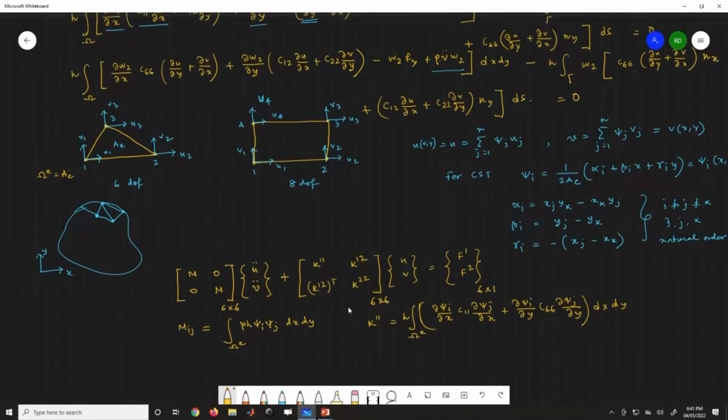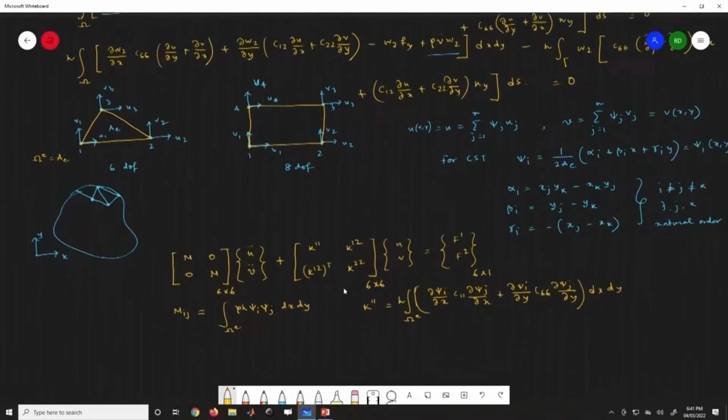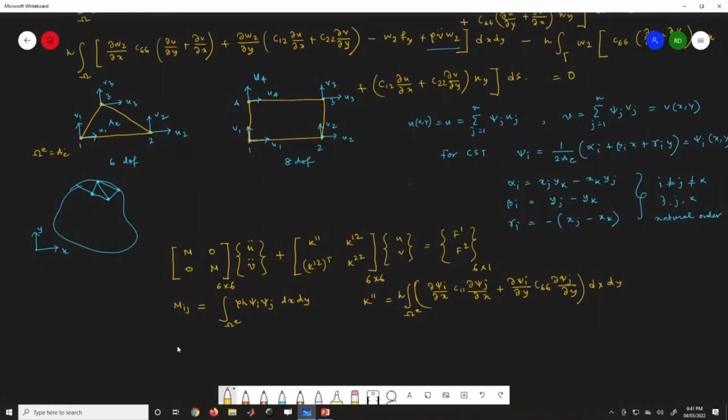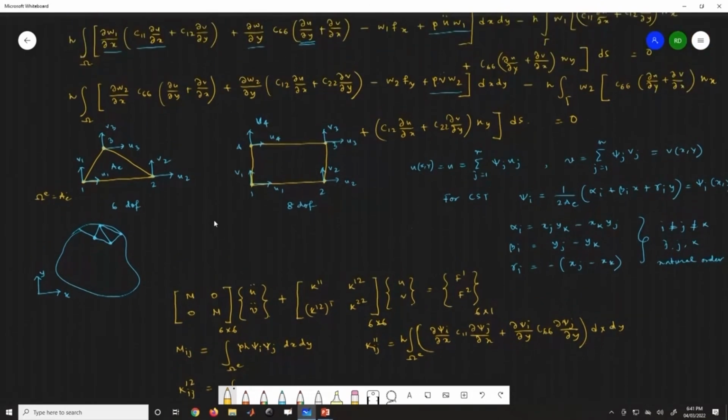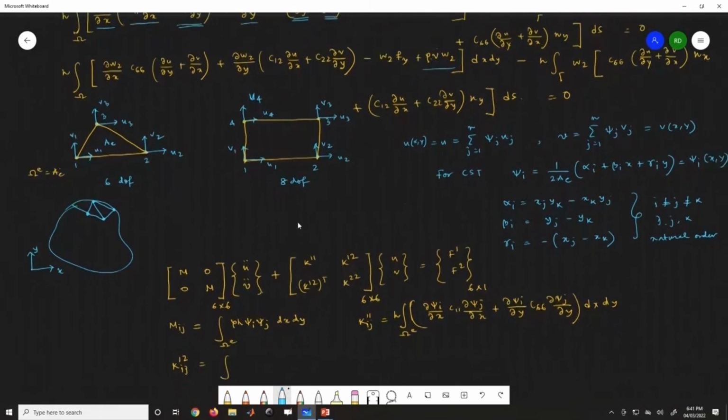Similarly, I can find out k12. So, this is the ijth term. Now, k12 ijth term, that I can also write. From the first equation, which quantities will be responsible? The responsible quantities will be this quantity and this quantity. So, these two quantities will be responsible for k12.